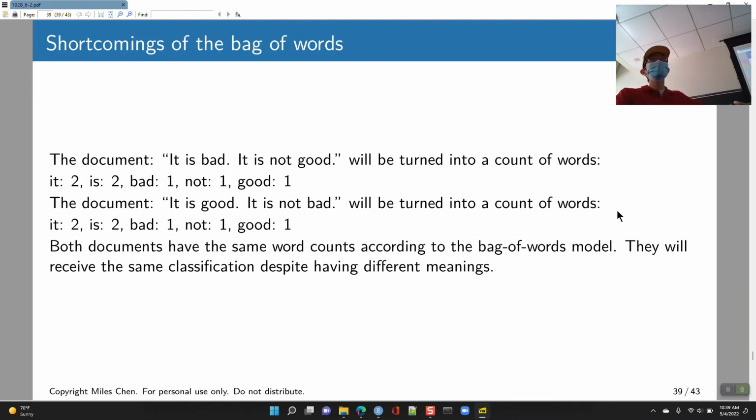Using a bag of words model, it's not going to be good. For sentiment analysis, these two documents have exact opposite sentiments, but the bag of words model is going to treat them exactly the same. You'd have to at least go into 2-grams or something. So anyway, major shortcoming in the bag of words model.